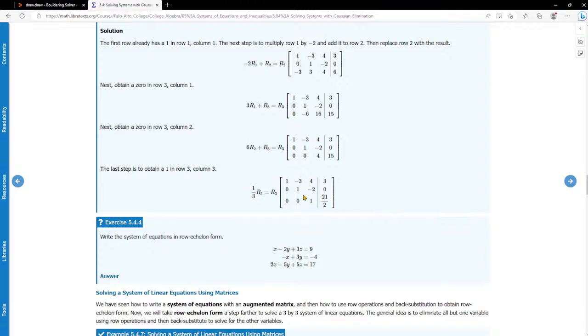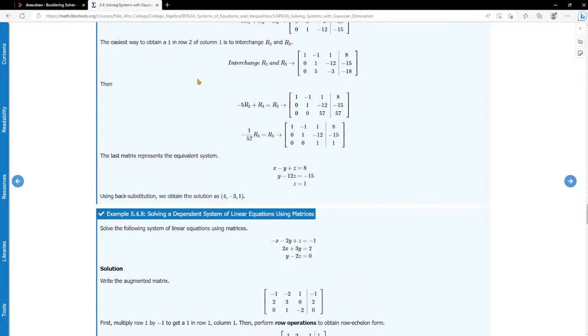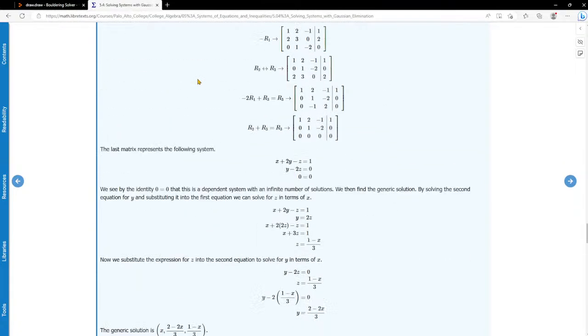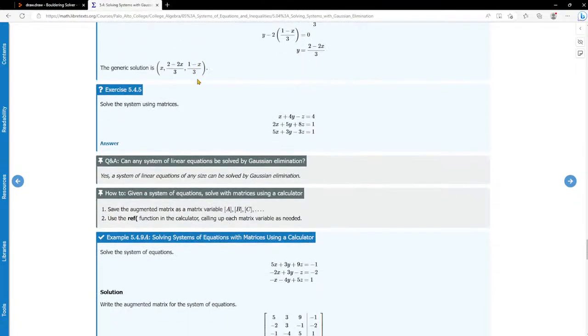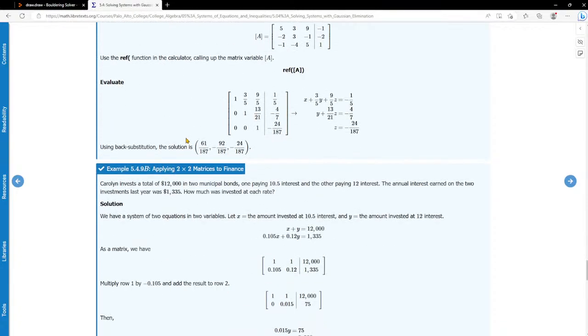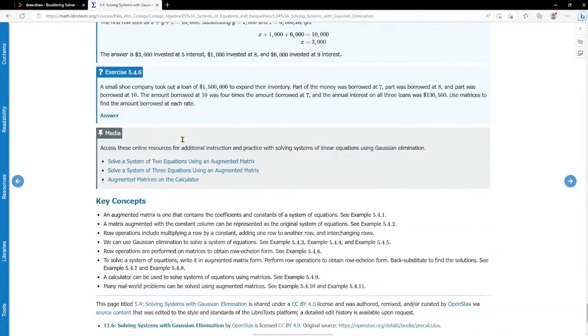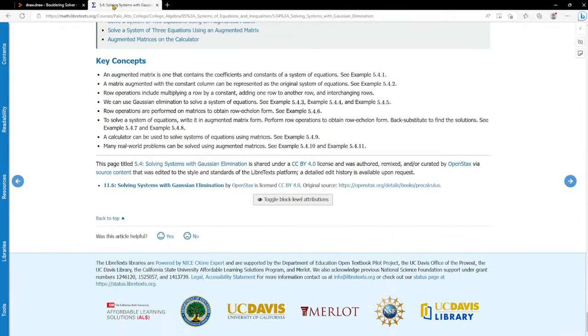Oh no, it does have a unique solution. Well, that's not true because some of them have infinite solutions. I think we're going to have to concoct our own problem here.